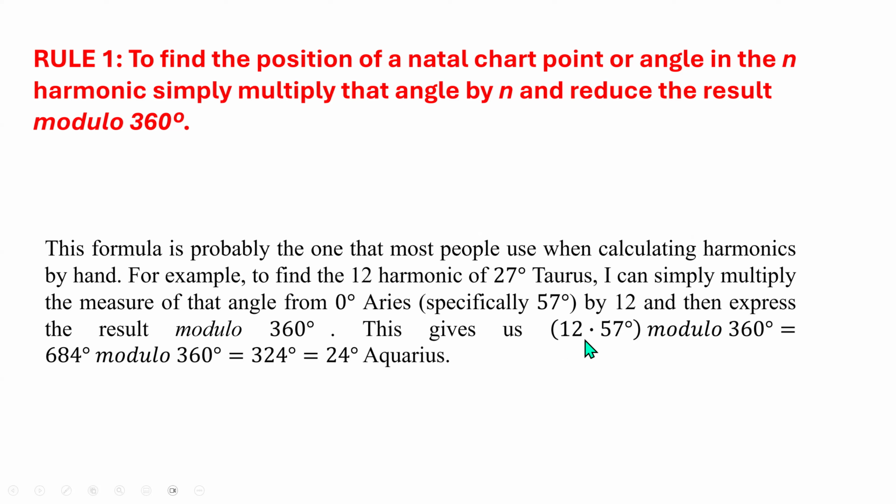This gives us 12 times 57 degrees modulo 360 degrees, which is 684 degrees modulo 360 degrees. That comes back equal to 324 degrees, which is 24 degrees Aquarius.